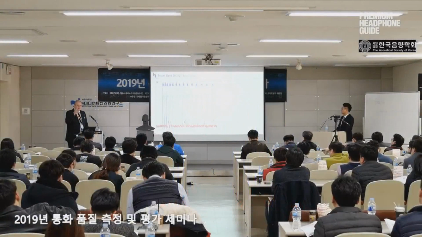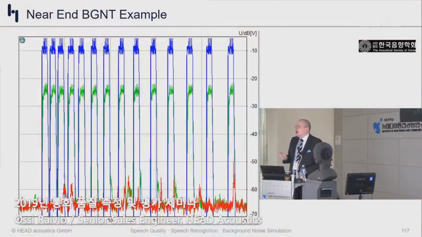So with this near end and far end BGNT, you need to interpret the curves yourself. That's the biggest minus point of these tests: they rely on operator experience. You need a bit of experience in how to read these curves.